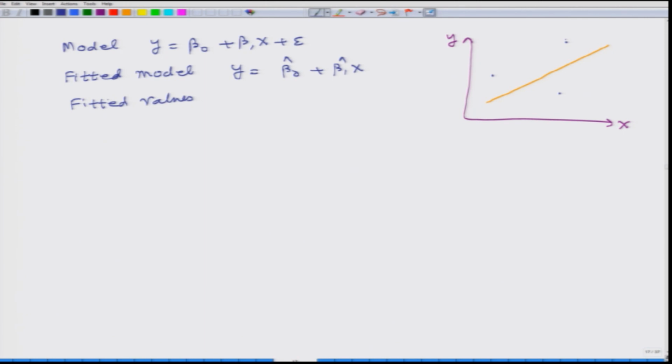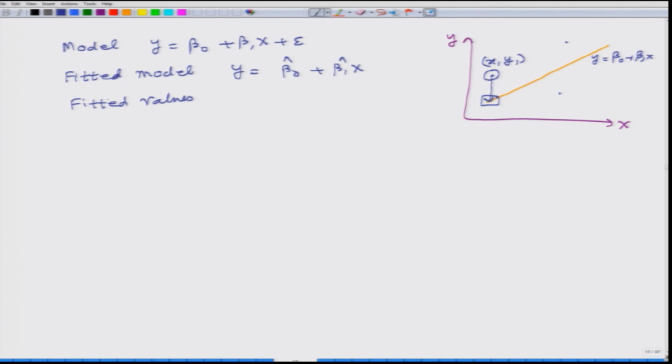If you observe, this is suppose our x1, y1, and we expected that this value is going to lie somewhere here on this line y is equal to beta 0 plus beta 1 x. So, we had observed the values x1, y1, but I am expecting that this value should lie somewhere here.